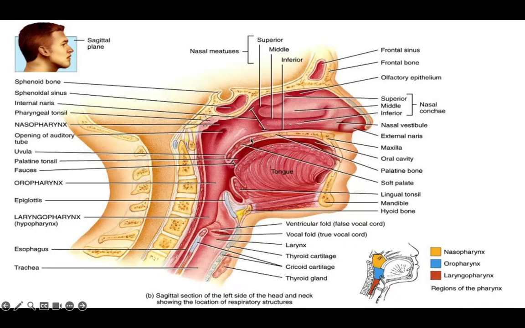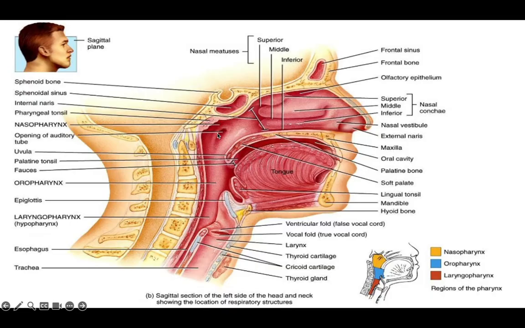Now, the nasopharynx is, of course, going to be facilitating air moistening. It does have a mucous membrane, but because it has openings to your inner ear, you can see the opening of the auditory tube, sometimes called the eustachian tube.